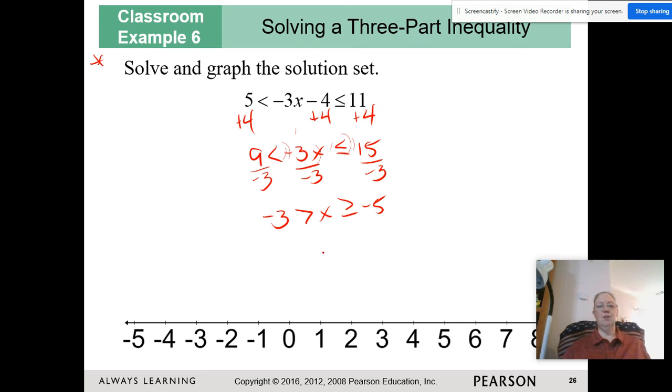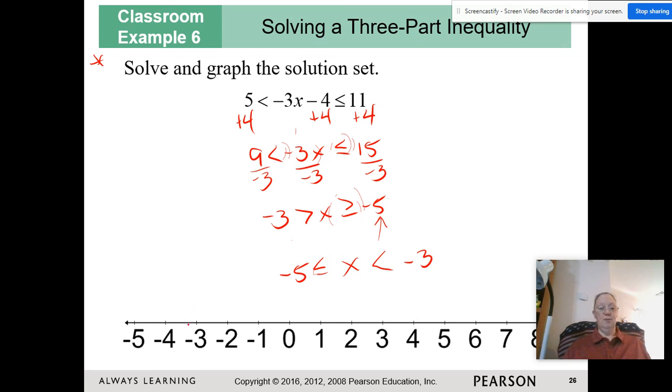The second tricky part is we have to rewrite it with the smallest number on the left and the larger number on the right. Yes, you do have to rewrite it. And because we're rewriting it, we're switching sides, we have to reverse the symbols. So an equal to with the -5, we gotta reverse it, and not an equal to with the 3, so you gotta write it like this.